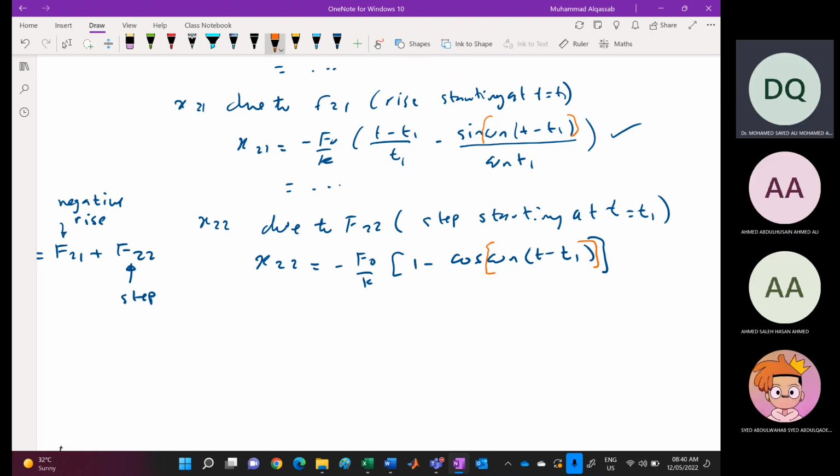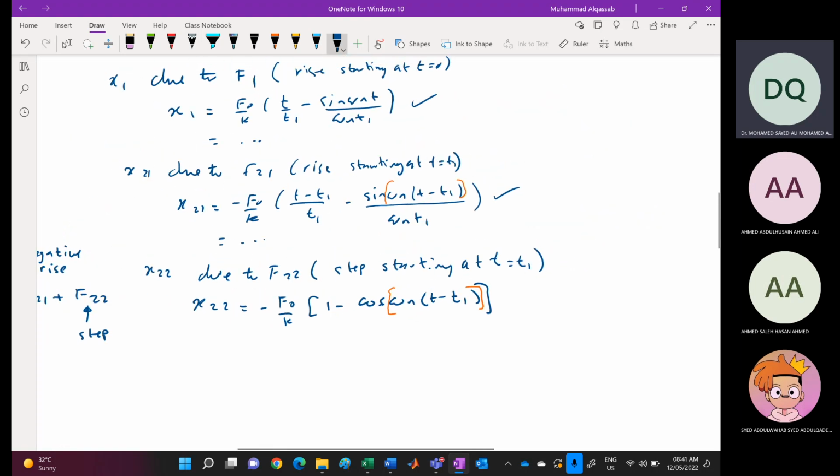And if you want to evaluate the response, and suppose the question is find the value at t equal to 0.2, then you have to change the mode of the calculator to radian, or you convert from radian to degrees.